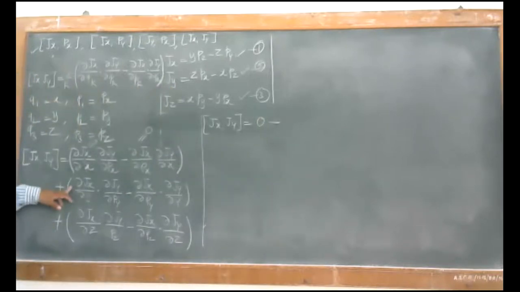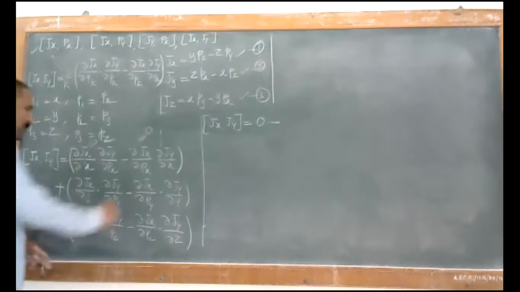Now the second one, we'll have these conditions, that is ∂jx/∂y and ∂jy/∂py. Look at this one.